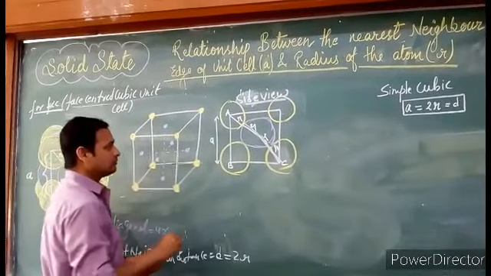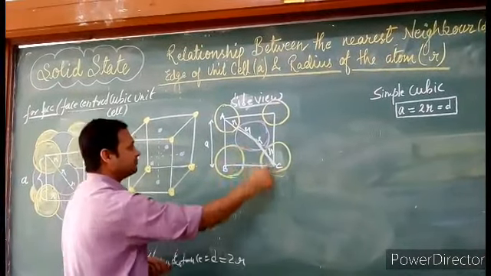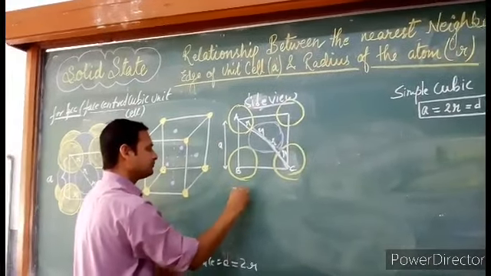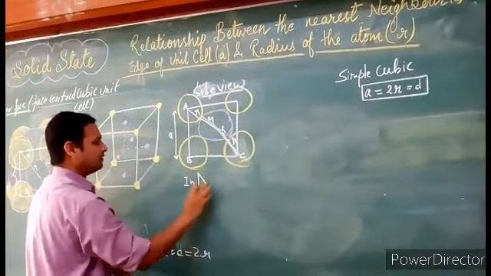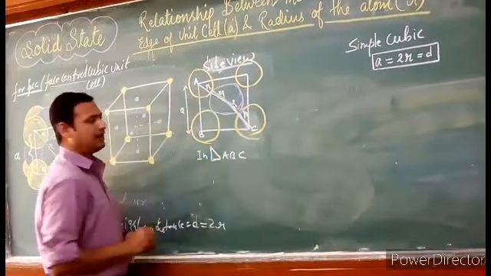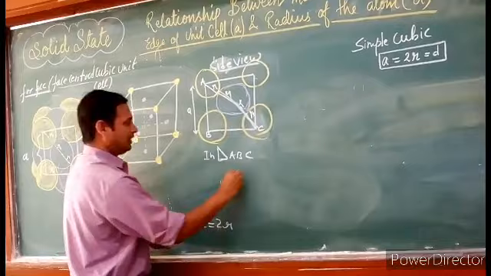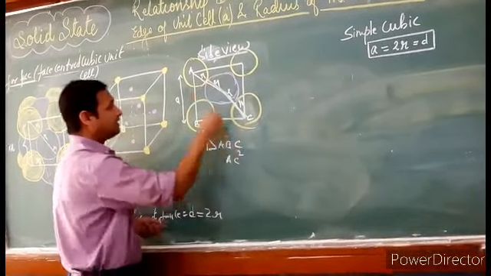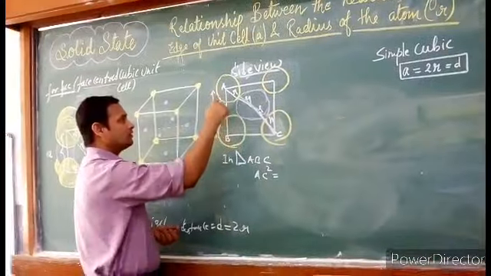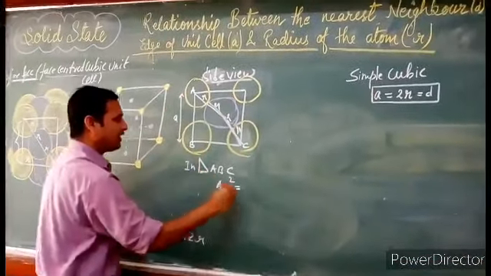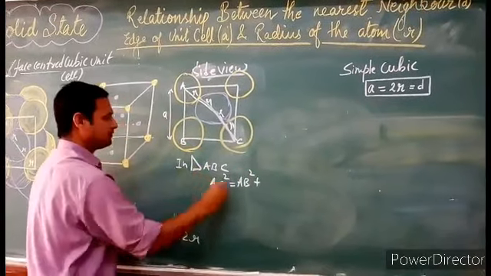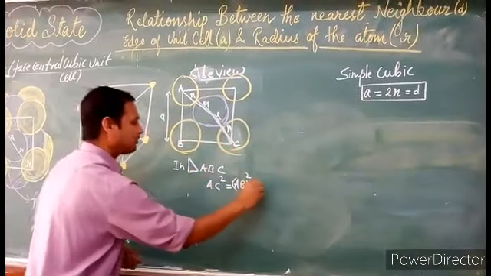So according to Pythagoras theorem, this is a right angle triangle. So in right angle triangle ABC, what we have? AC diagonal square will be equal to height square plus base square, that is AB square plus BC square.